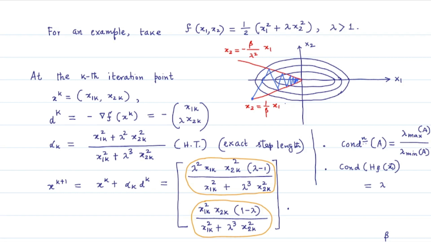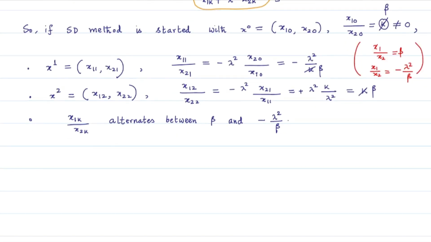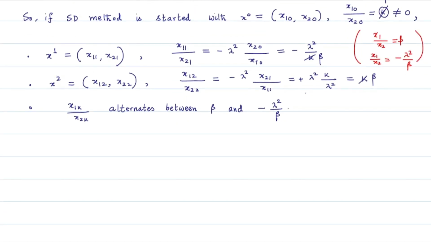To show how slow this method is in reaching the stationary point, let us compute the ratio of the function values at the iterative points.